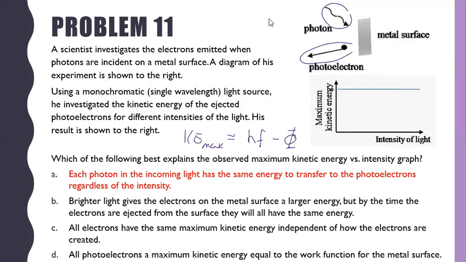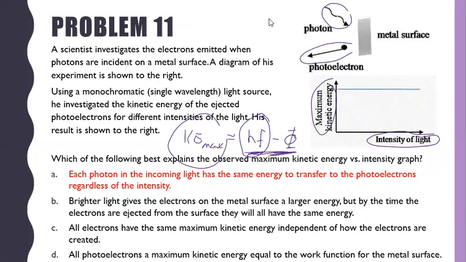So here I'm seeing that if I make the light brighter, change the intensity, nothing happens to the kinetic energy. Well, this equation is giving us a little bit of a clue that it has nothing to do with intensity. So what is it that happens? Every single photon coming in has this energy and has the ability to give an electron this energy.